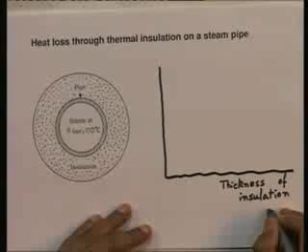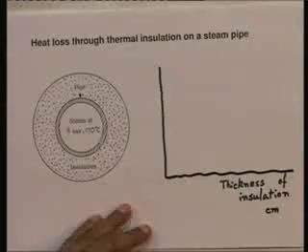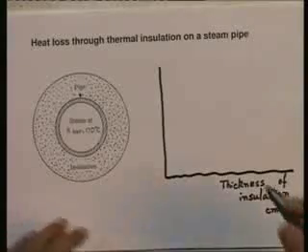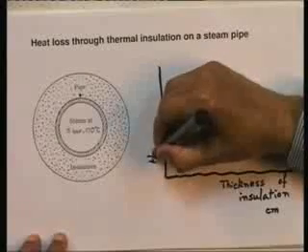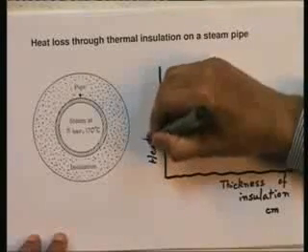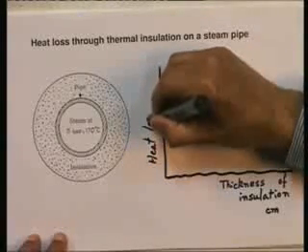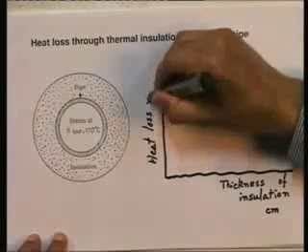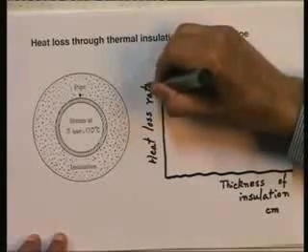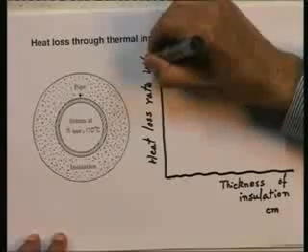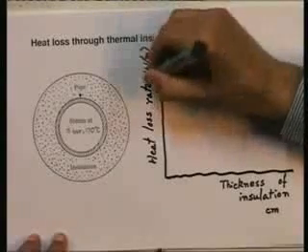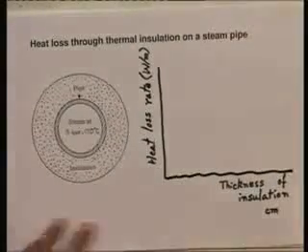Let us say thickness of insulation in centimeters. And on the y-axis, I have the heat loss rate, in watts per meter, that is heat loss rate per unit length of the pipe.